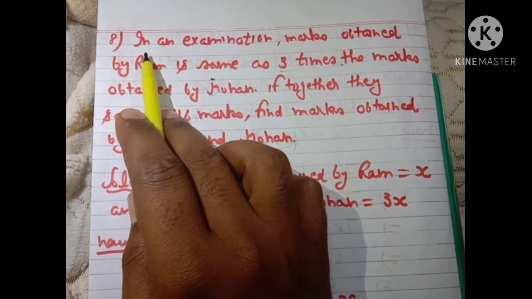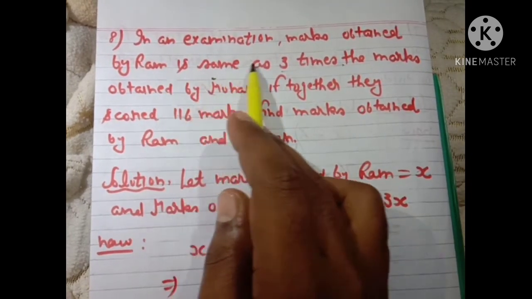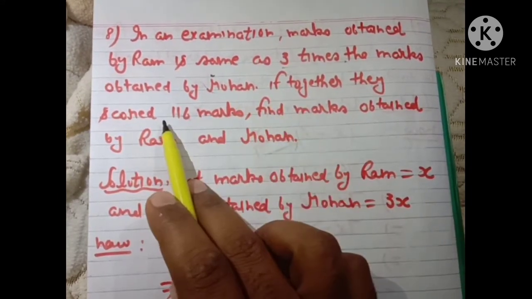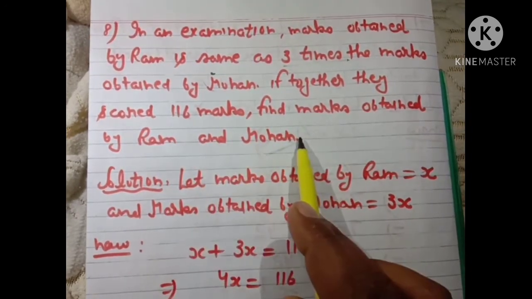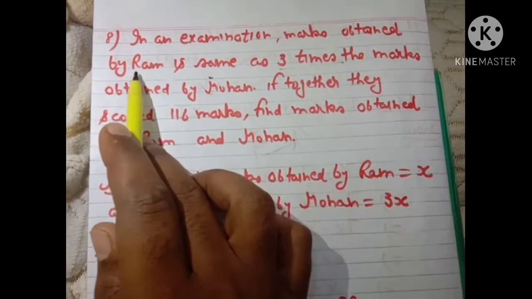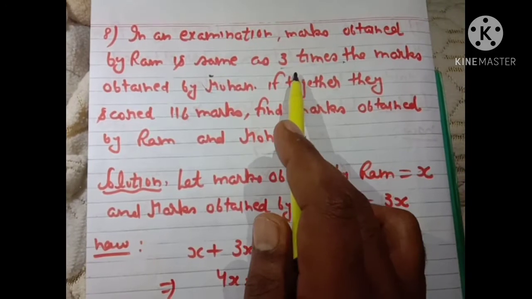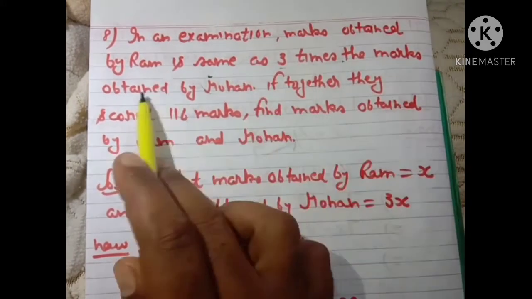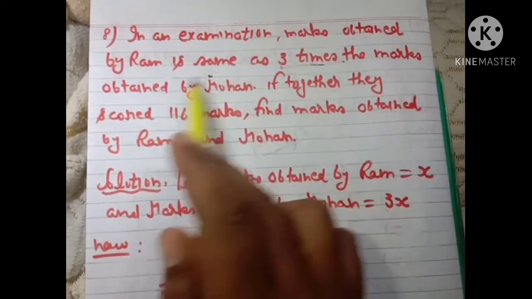So in the next sum, in an examination marks obtained by Ram is the same as 3 times marks obtained by Mohan. If together they scored 116 marks, then find the marks obtained by Ram and Mohan. So we suppose that the marks obtained by Ram is x, and the marks obtained by Mohan is 3 times the marks obtained by Ram.